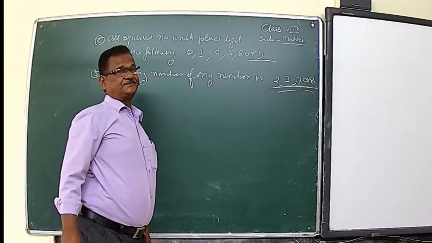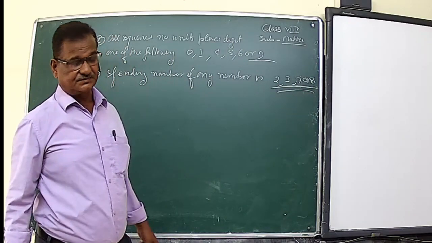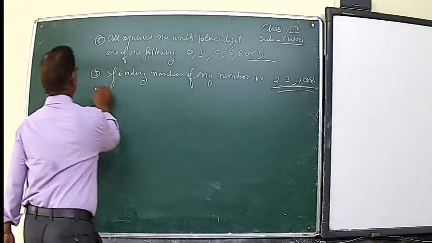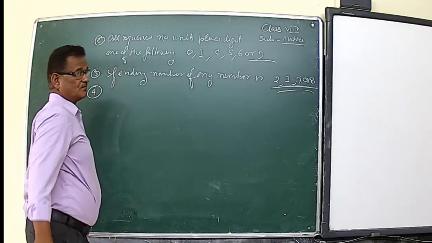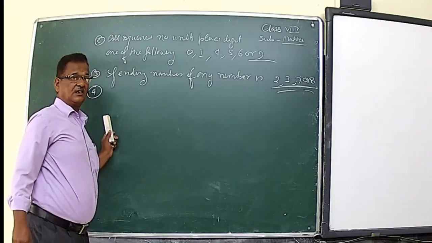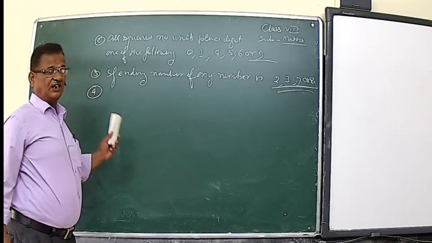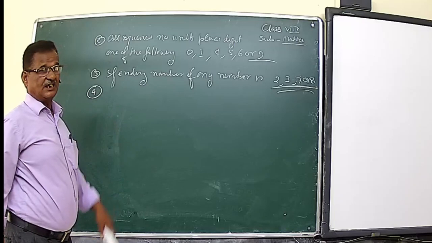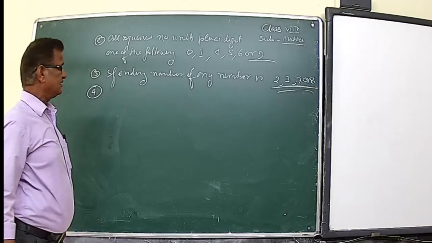Next property: if we know the unit place digit of the given number, then we can determine the unit place digit of the square number.